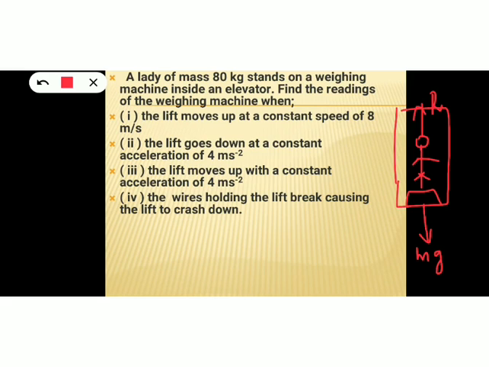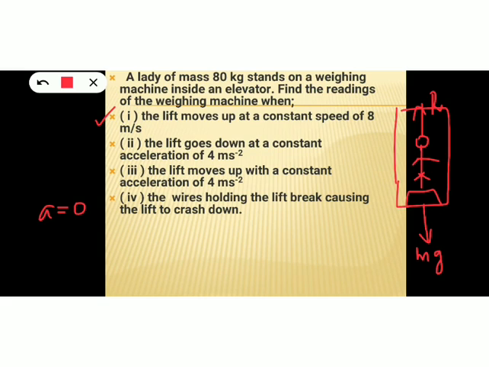So normal reaction is the force exerted by the weighing machine on that lady. So these are the two forces acting on the lady in an elevator. And in the first case, the lift moves up at a constant speed of 8 meters per second. So speed is constant. When speed is constant, there won't be any acceleration.